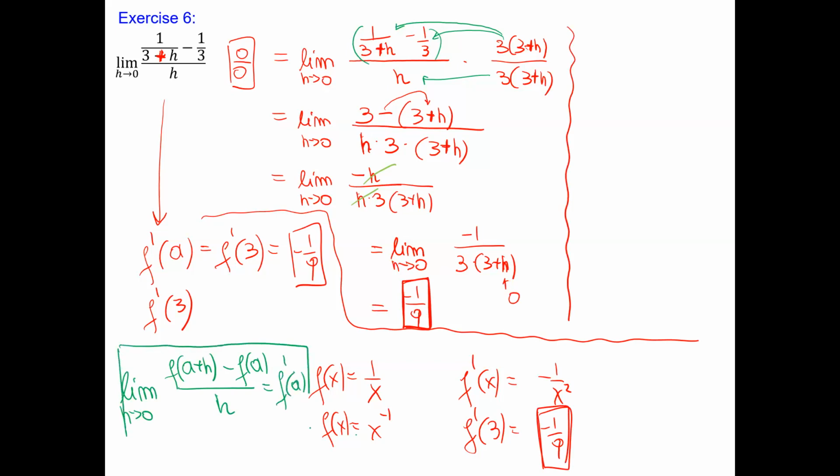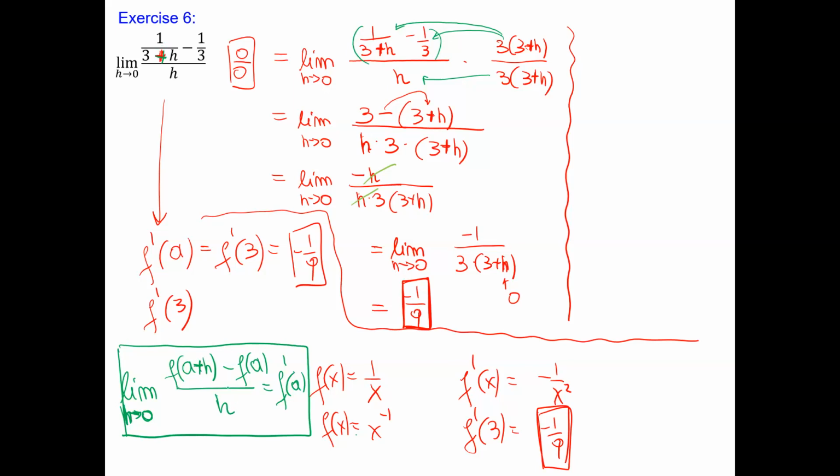I know this is the next chapter, chapter 3, but anyway, even if it's minus, like I did, the final answer will be 1/9. That means it's not exactly the derivative. Okay? It's not exactly the definition of the derivative.